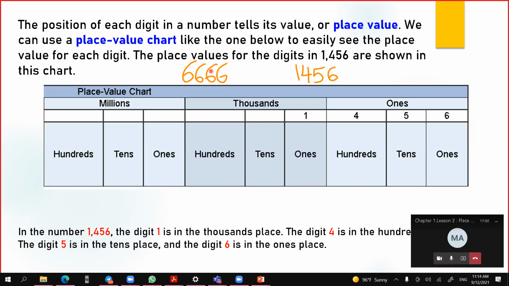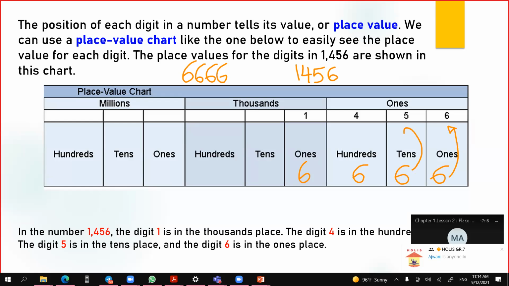If we fill it in the place value chart, you will write 6, 6, 6, 6. So each digit here lives in a different home. The first lives in ones. The second lives in tens. The third lives in hundreds. The fourth lives in thousands. So each digit has a different position.